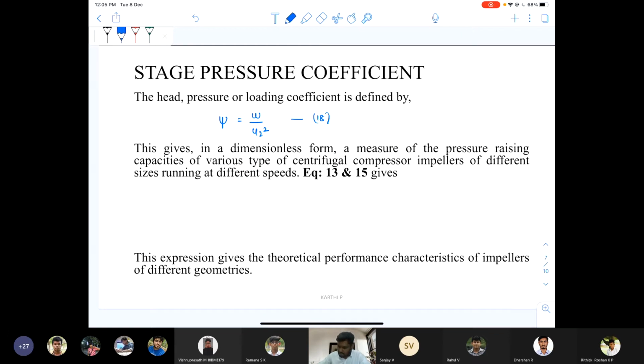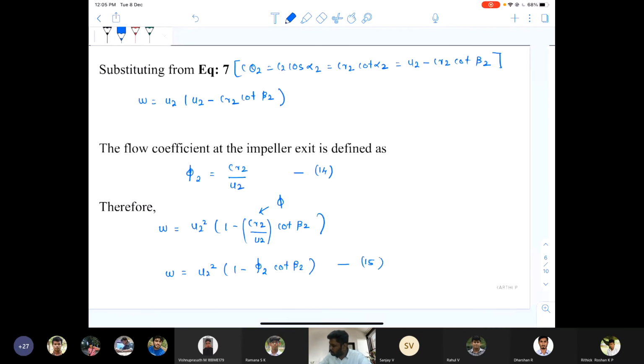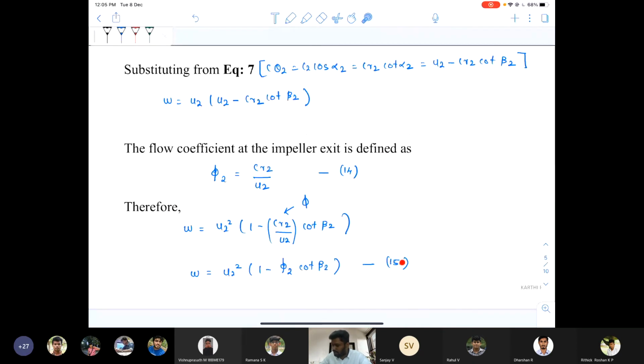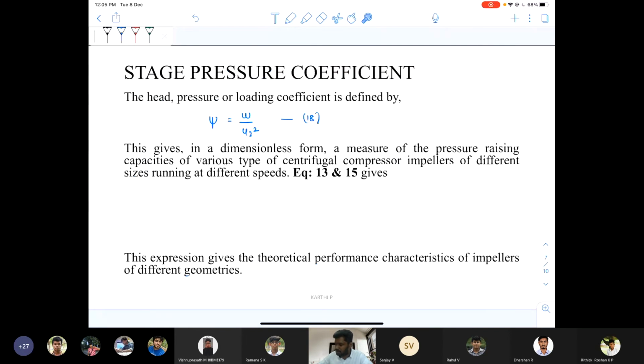Therefore, equation 13 and 15 give, equation 13 is W is equal to U2 C theta 2 and equation 15 is W is equal to U2 square into 1 minus phi cot beta 2.